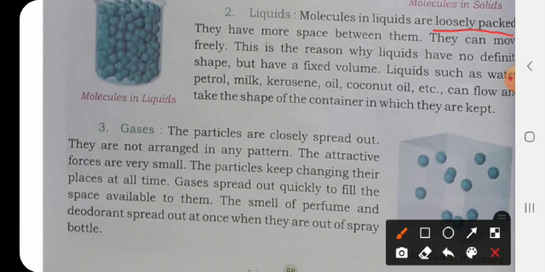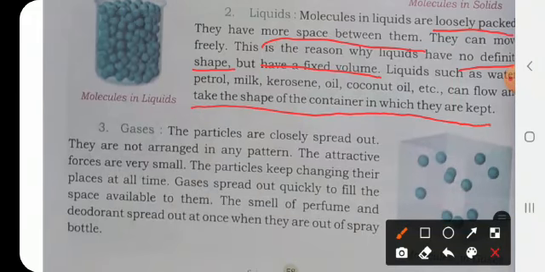So, they have more space between them and they can move freely. This is why the liquids have no definite shape. They don't have a definite shape but have a fixed volume. So, liquids such as water, petrol, milk, kerosene, oil, coconut oil, etc., they can flow and take the shape of the container in which they are kept.